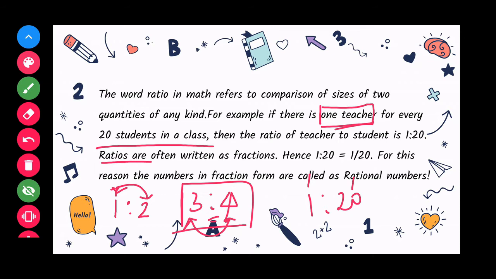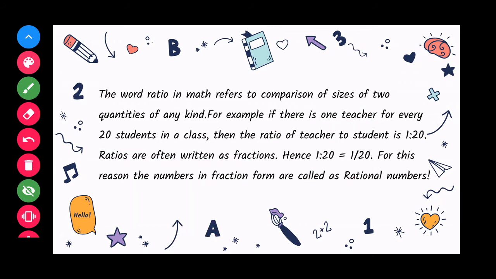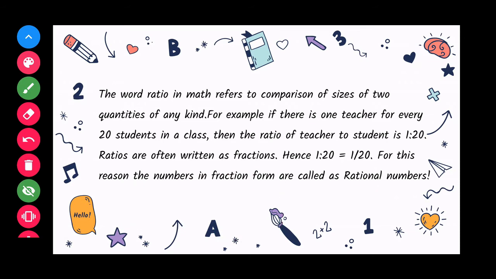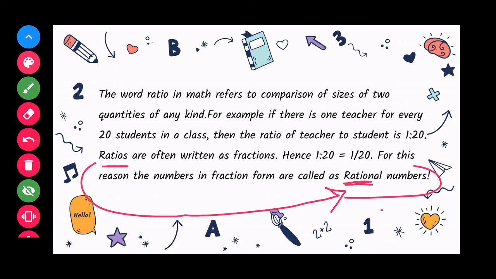So ratios can be written as fractions too. 1:20 can be written as 1 by 20. Hence ratios can be written as fractions. So that is where the name rational number comes from. You can see ratios, rational numbers. The word rational numbers comes from the word ratios.